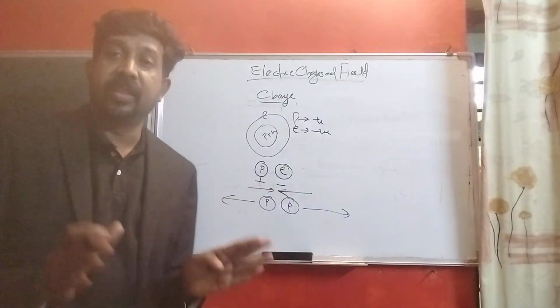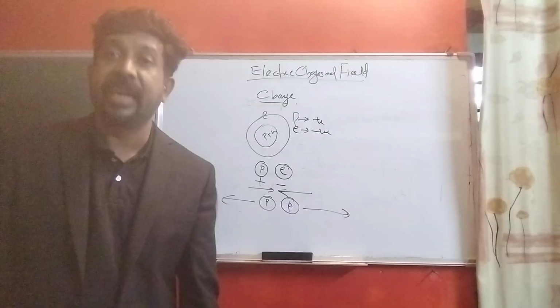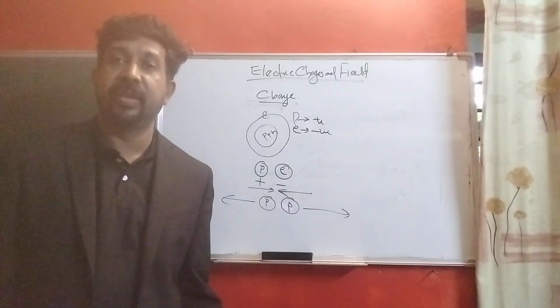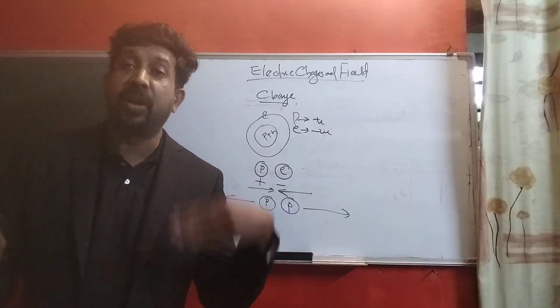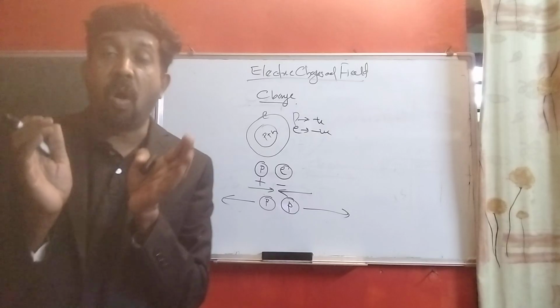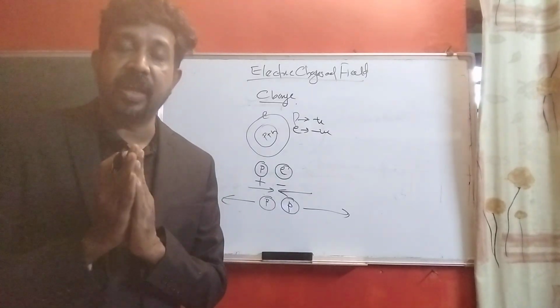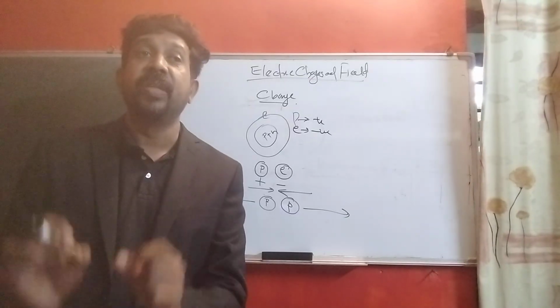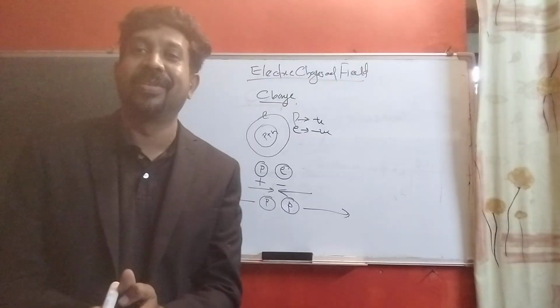At that time, the only force known was the gravitational force, and physicists did not have any idea about any other force. We know that gravitational force is always attractive.